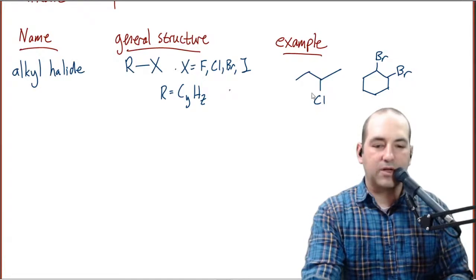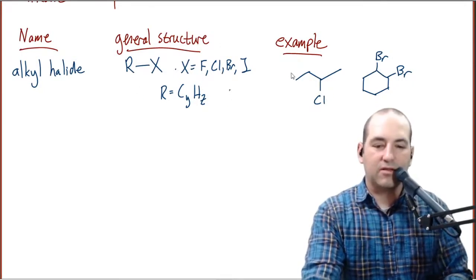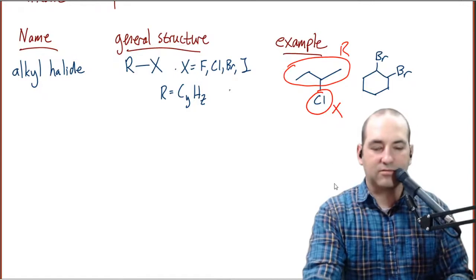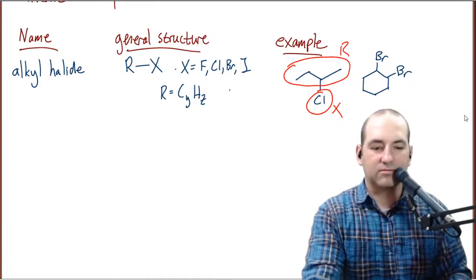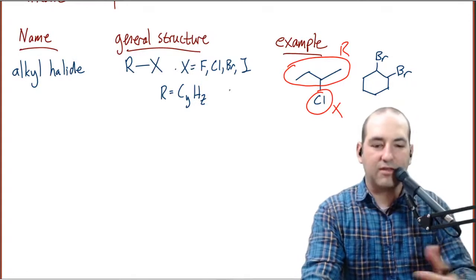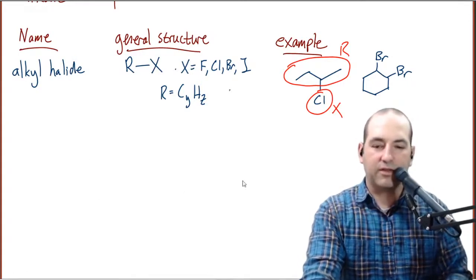If we look at this one here, this thing with the chlorine, yes, the halogen binds to the carbon. So in this case, let's draw this. This is R, and then this is X in this case. So R is just like the big carbon chunk, and then X is the halogen. That's why I drew it generally like that.